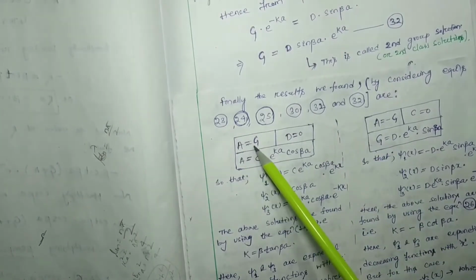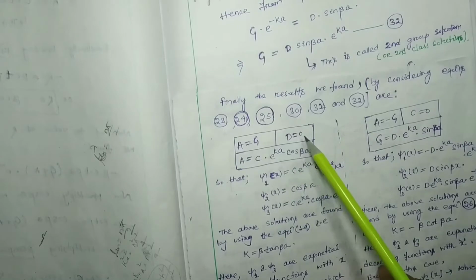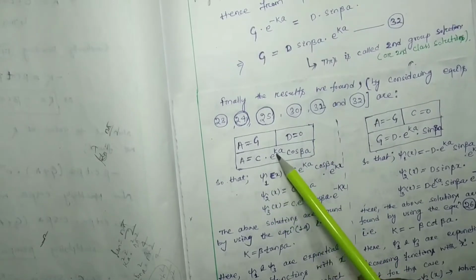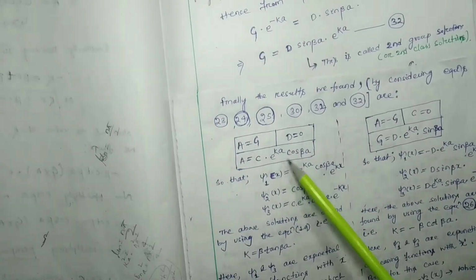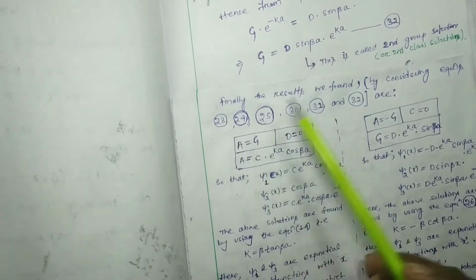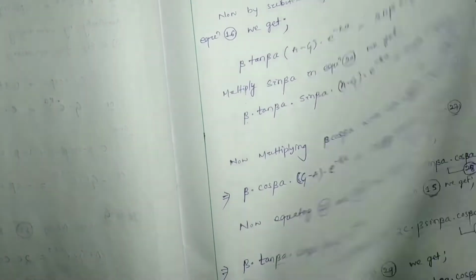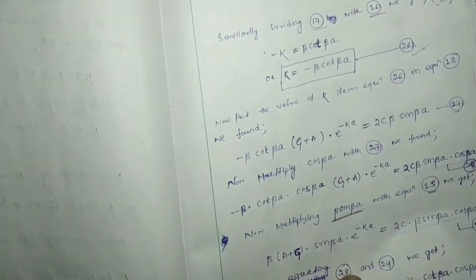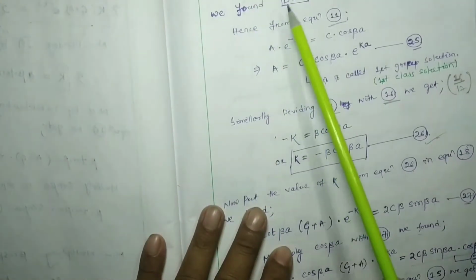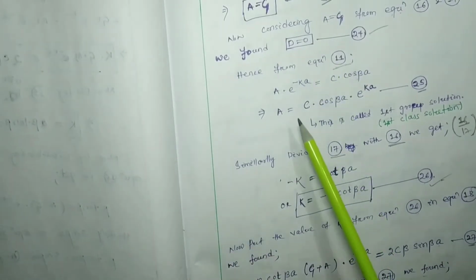A equal to G, D equal to 0. That implies A equal to C into e to the power k into cos beta a. Considering equations 23, 24, 25, we found A equal to G, D equal to 0, and hence A equal to this.